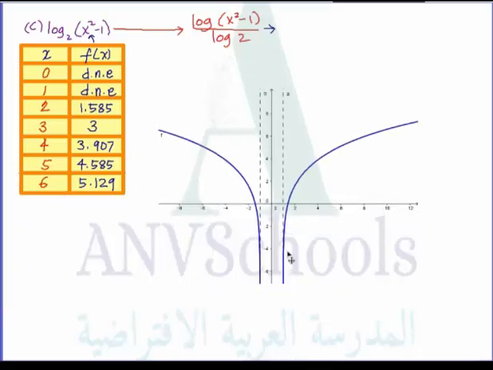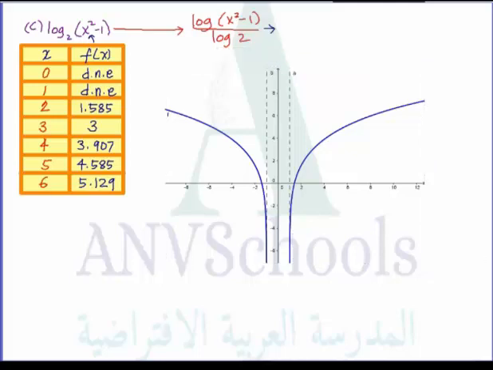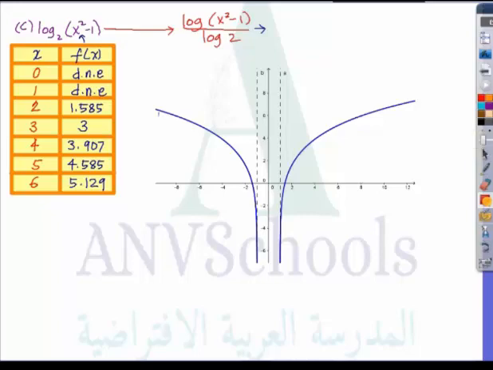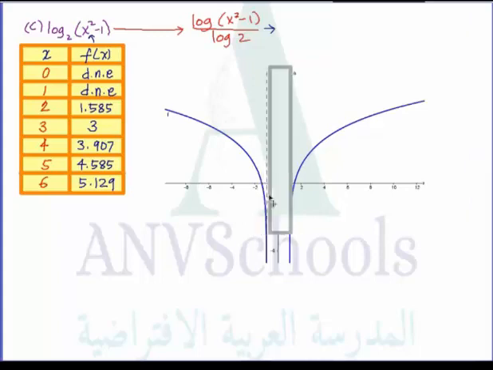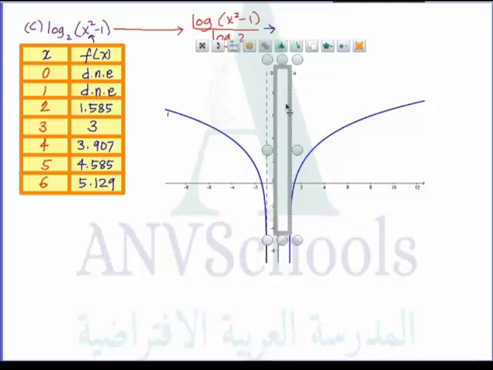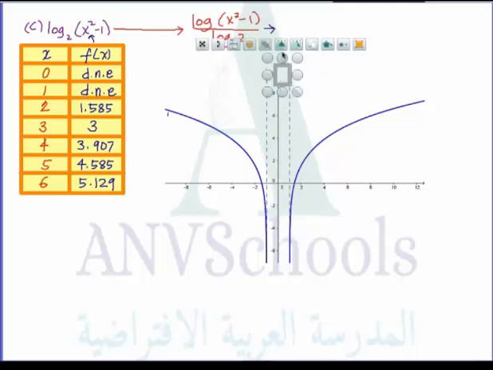As you can see, at this point here, from x equal to here, and here, which is actually x equal to 1, and this is x equal to -1.